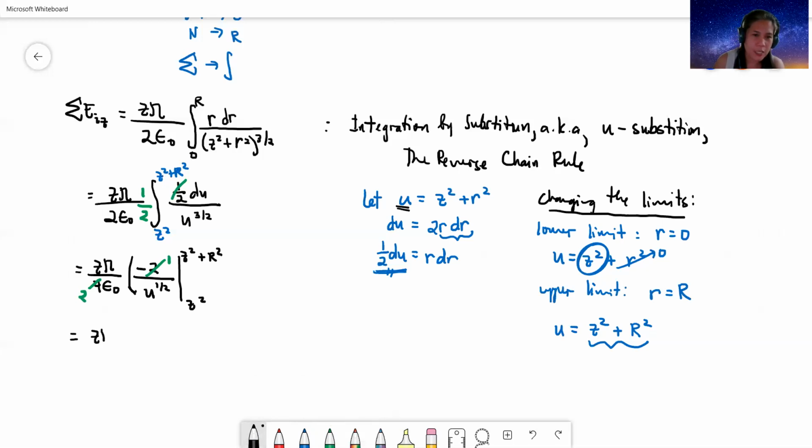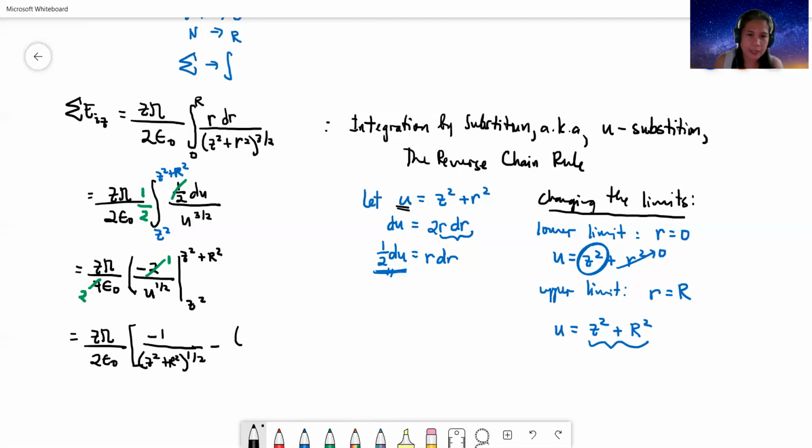So you have z eta 2 epsilon sub naught. And then if we now substitute u for the upper limit, it becomes -1, and then ang u sa baba is the upper limit, of course. So we have z squared plus r squared, but you have raised to 1/2 here for our u.